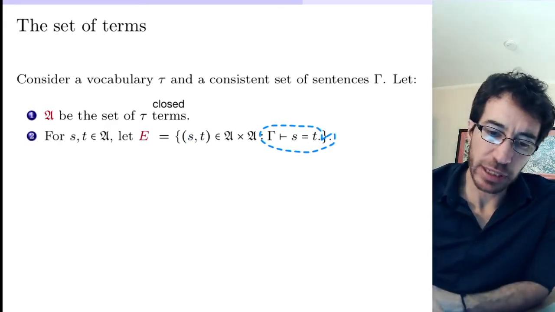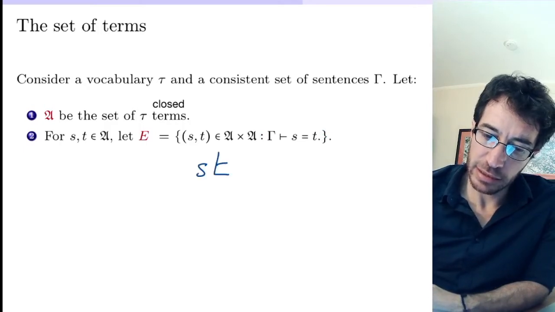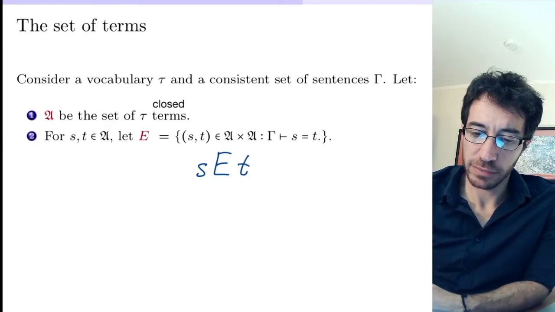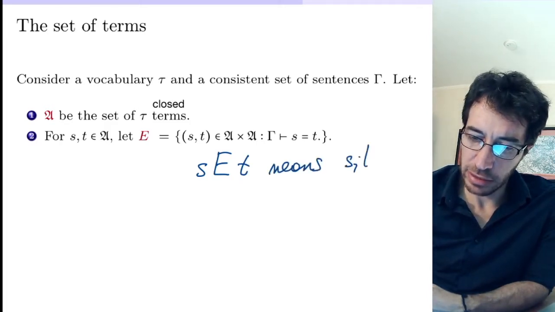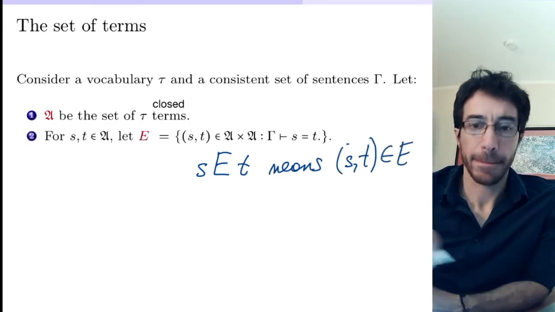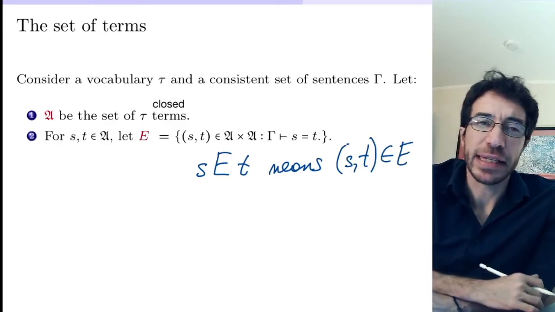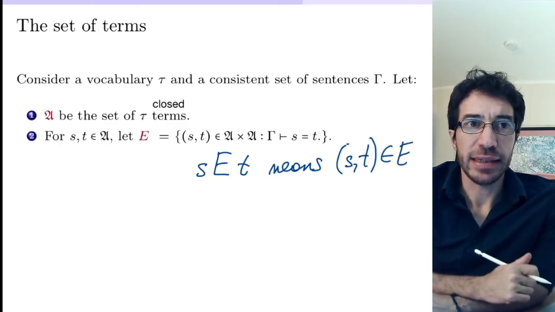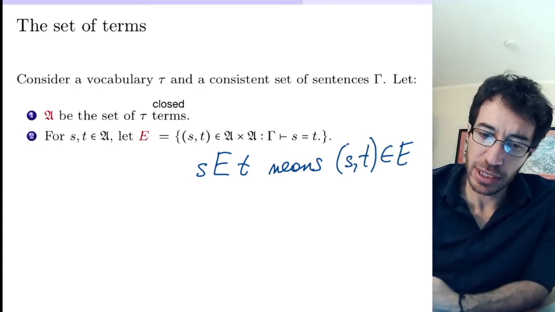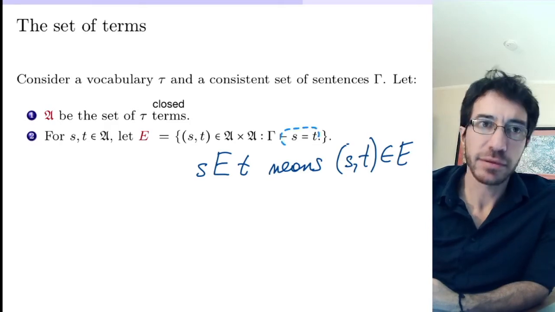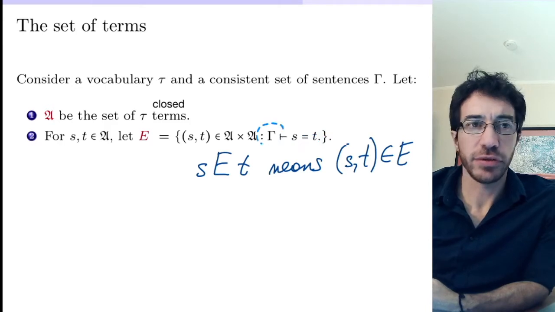Sometimes we are going to write S E T to mean that the pair S, T belongs to E. Because it's a set of pairs, we're going to use it as a binary relation, so we're going to write S E T for that. It's a purely syntactical definition, right? So this is saying there exists a finite formal deduction of this formula out of this set of formulas.